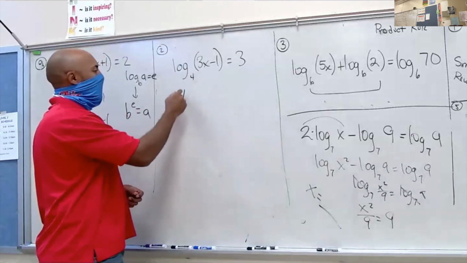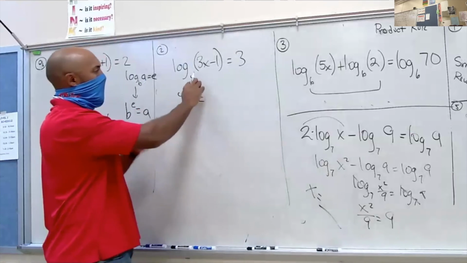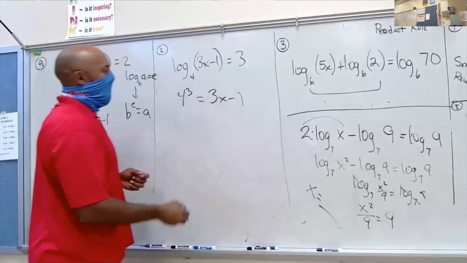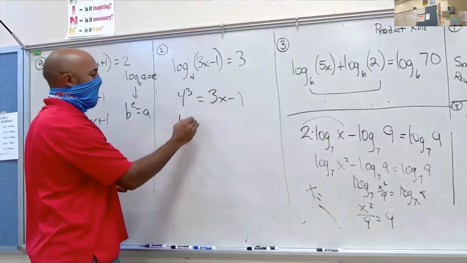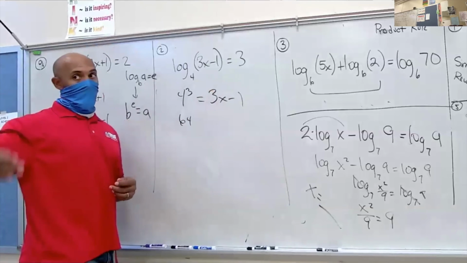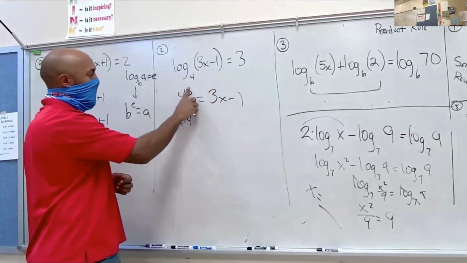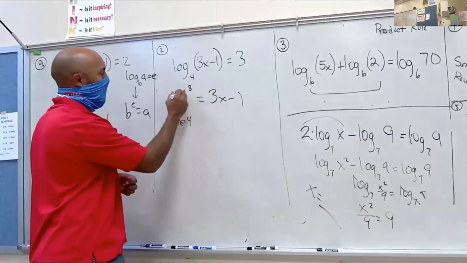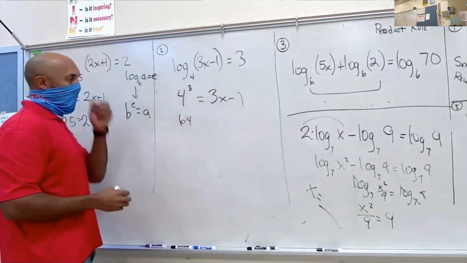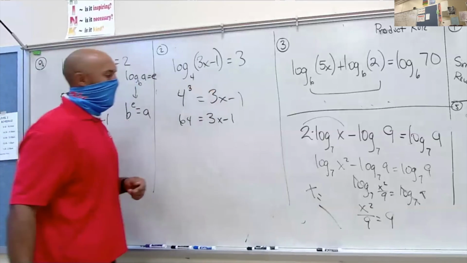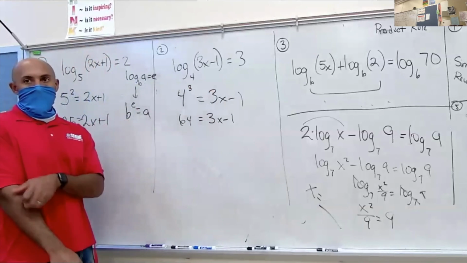We've got 4 to the power of 3, your b to the power of e equals your a. It's 64 here because it's 4 times 4 times 4, not 12. Sometimes we think that's multiplication, but remember, this is an exponent. So now we get 3x minus 1, then add the 1 and divide by 3.